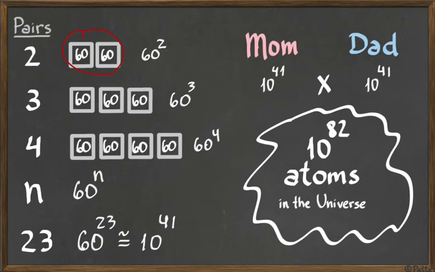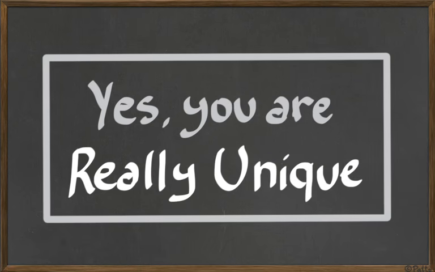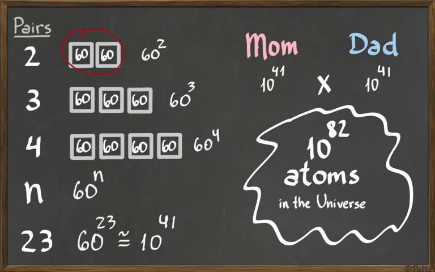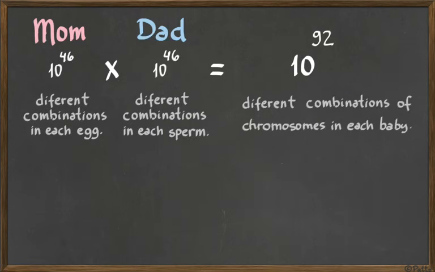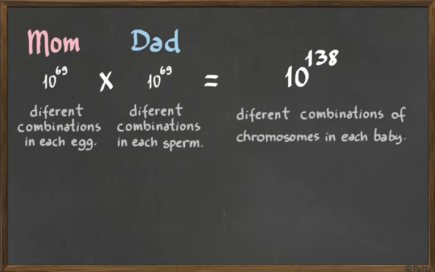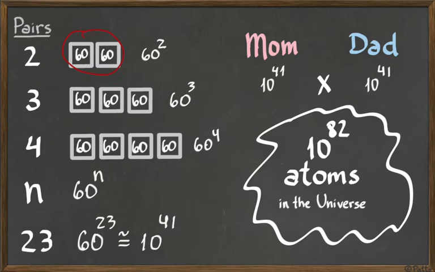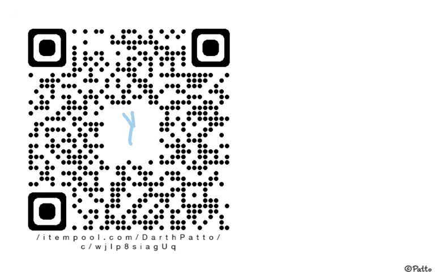So yes, you are really unique, because you may be 1 in 10 to the power of 82 combinations, you may be 1 in 10 to the power of 92 combinations, you may be 1 in 10 to the power of 138 combinations. So you are absolutely unique.